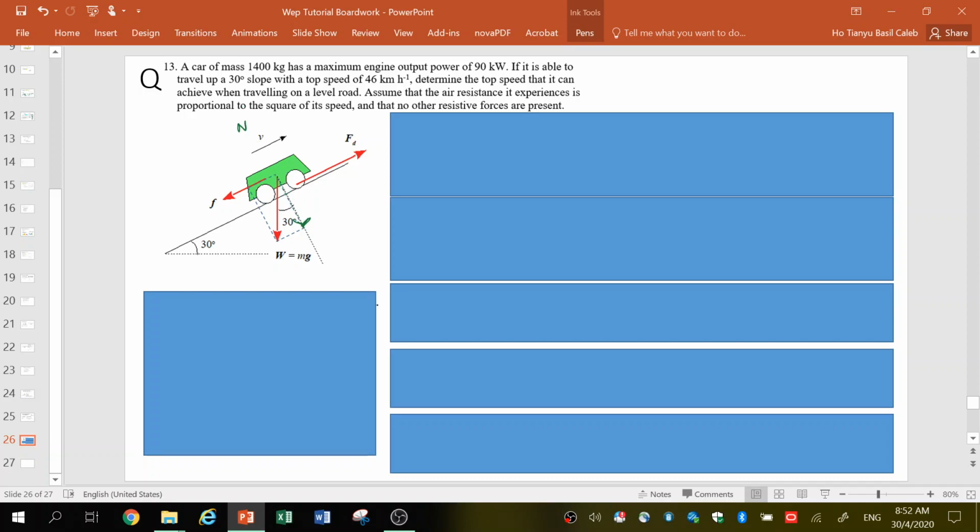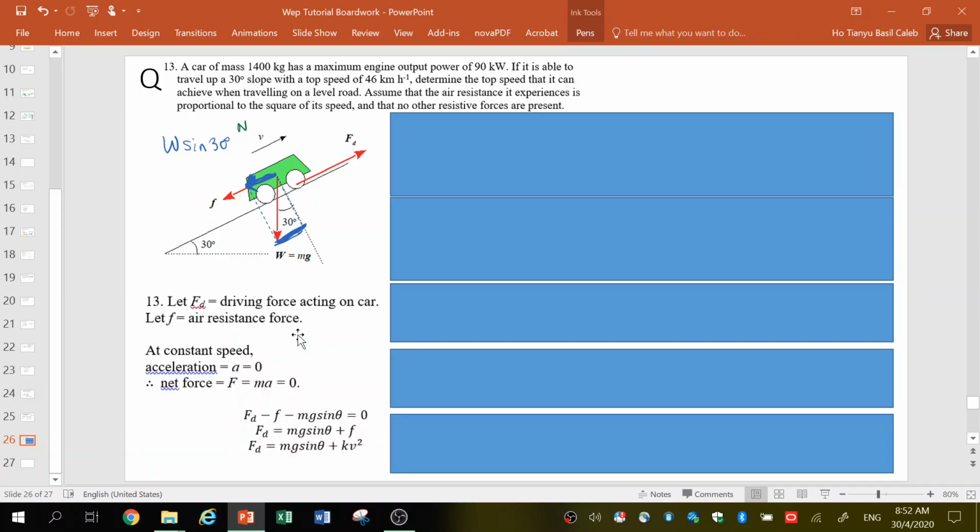What is of value to us is the component of weight down the slope, which we can tell easily is W sin 30 degrees, because the length of this arrow is the length of this line, and you can see that the one below is just W sin 30.